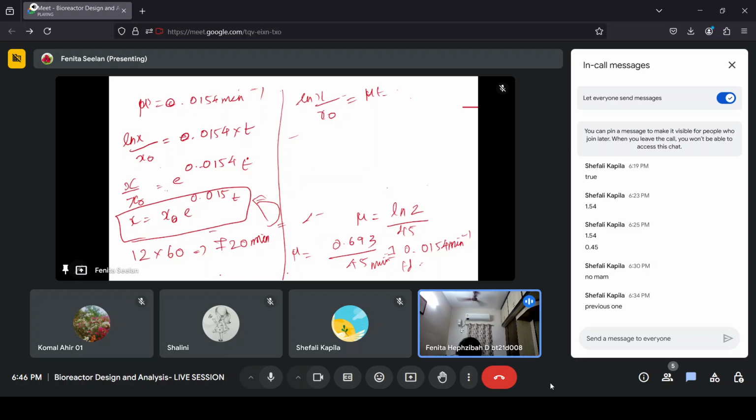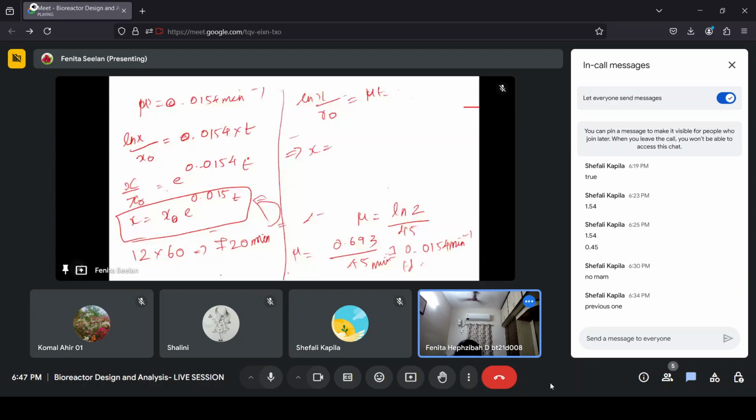Just give me my calculator. e power of 0.0154 into 720, which is around how much it is coming.